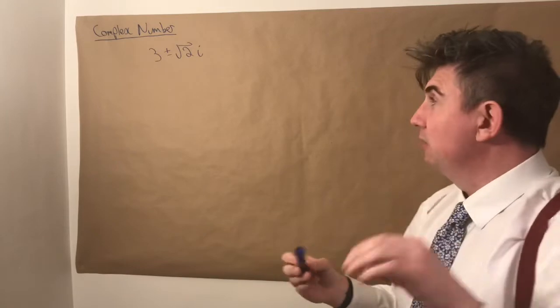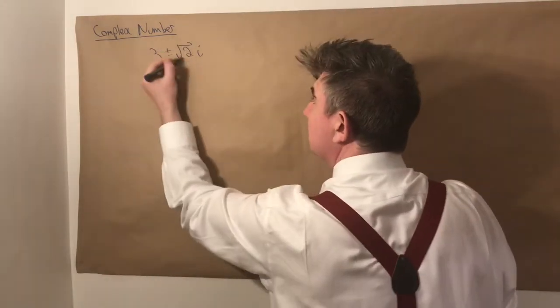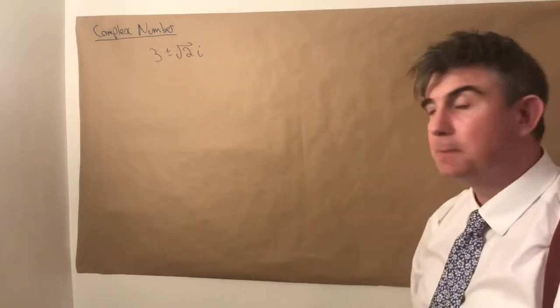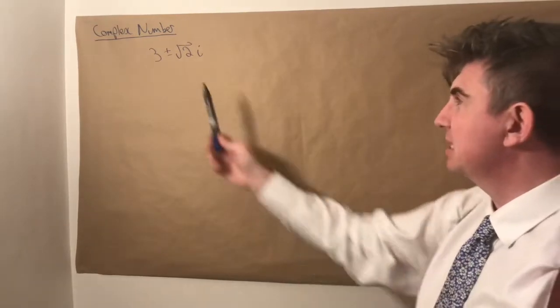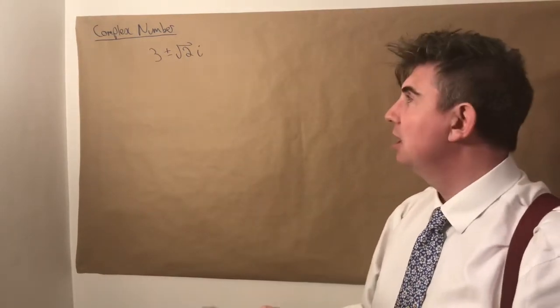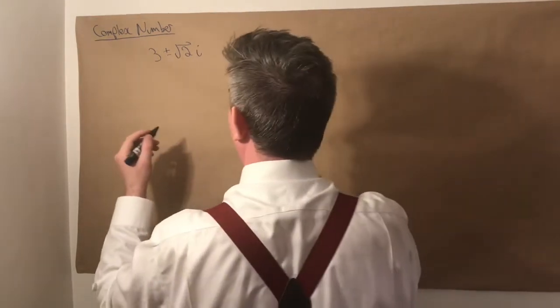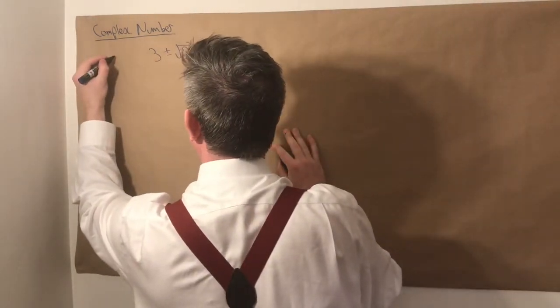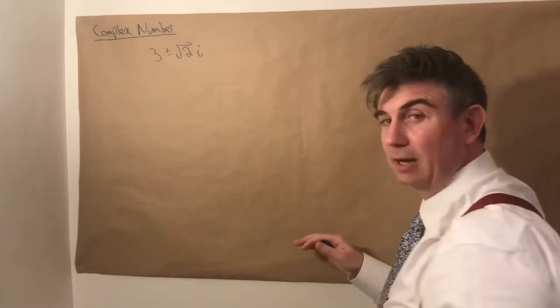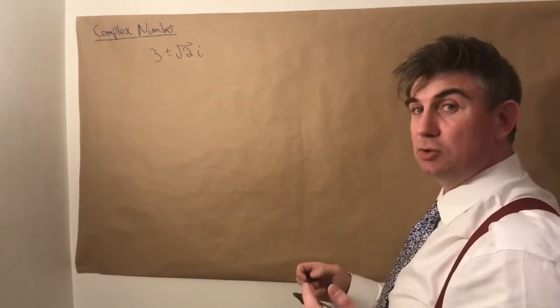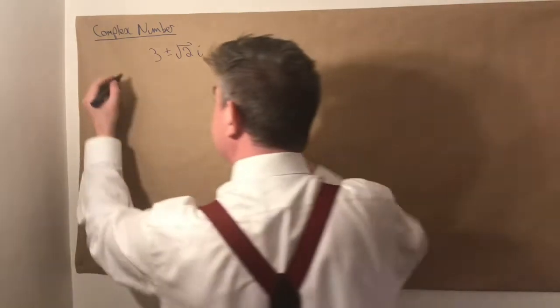What you guys need to realize is, now this is the real part, this is the imaginary part of those complex numbers. Because I don't like dealing with square roots and carrying square roots around, I'm now going to get rid of this complex number. I'm going to introduce a new complex number, and this new complex number is going to be called Z1.